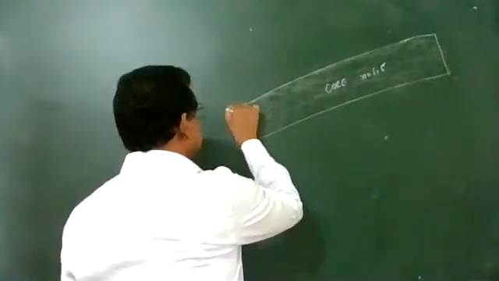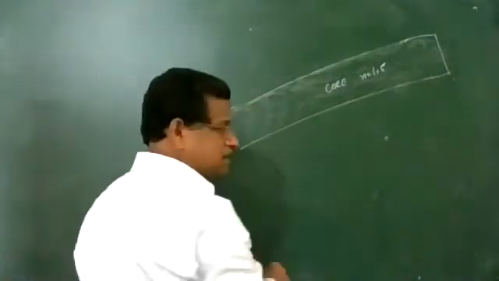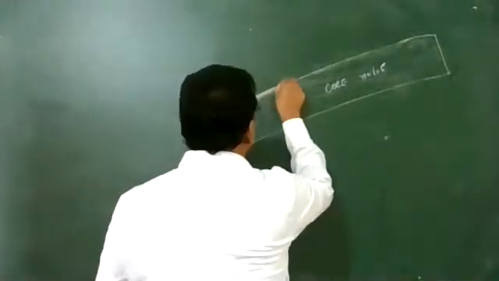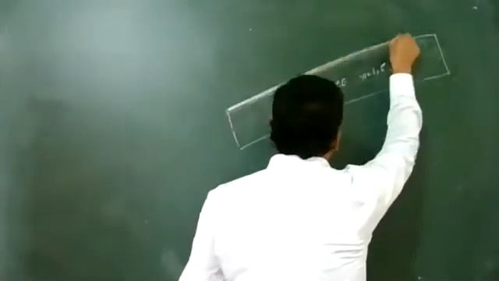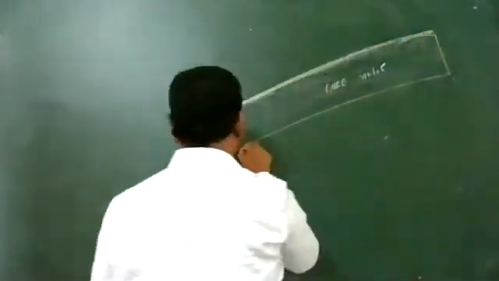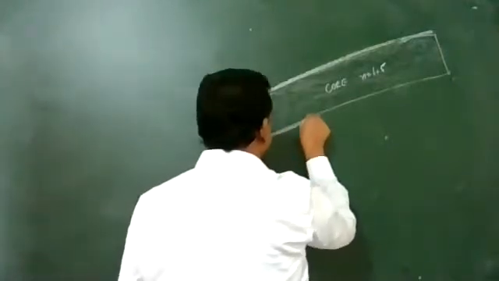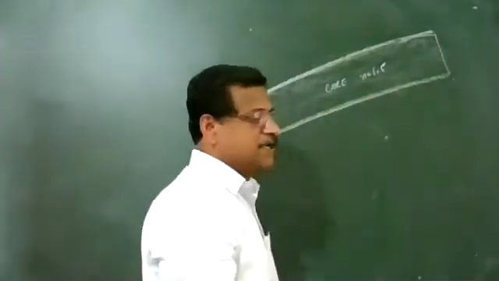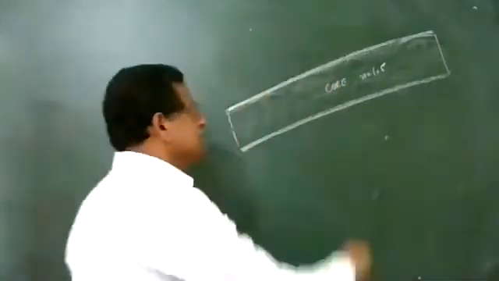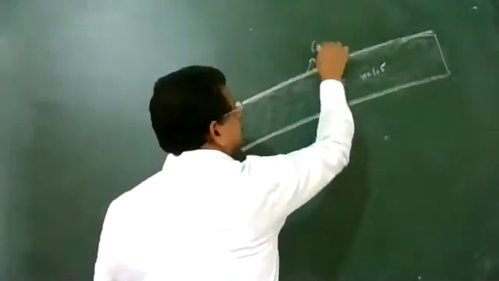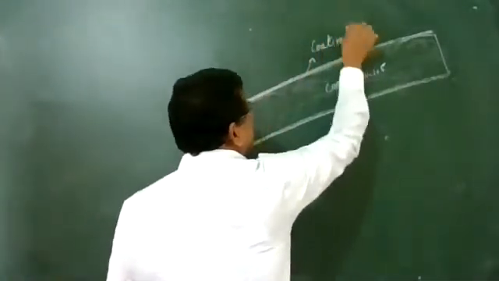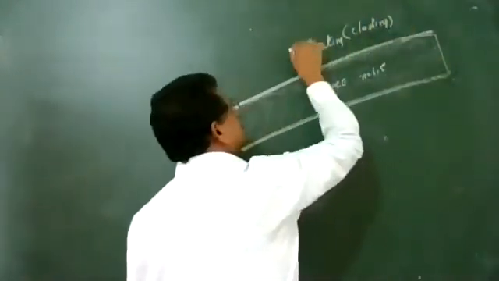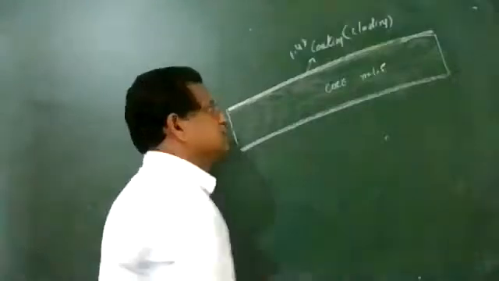Coating is there, I will shade this portion. The coating is known as cladding, and its refractive index is 1.48.